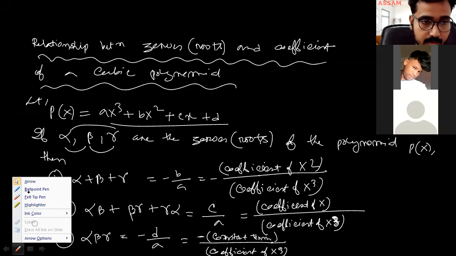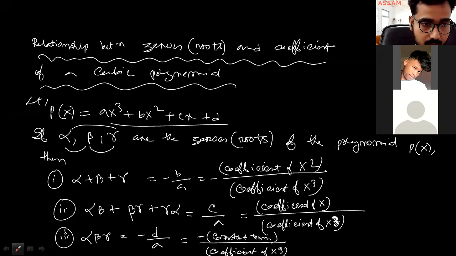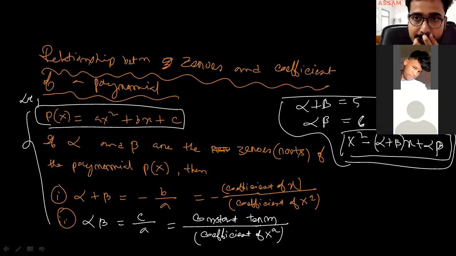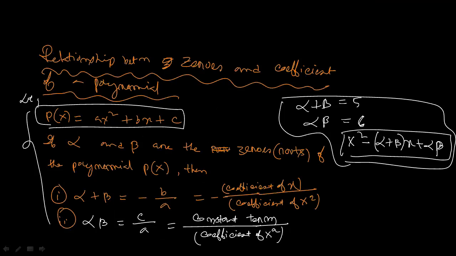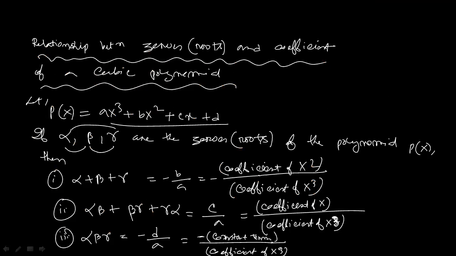Now see, if you look at the formula for a quadratic equation, then alpha plus beta, the summation of the roots, and the product of the roots are minus b by a and c by a. In the denominator it will be the coefficient of x square in case of a quadratic polynomial, but in case of a cubic polynomial, in the denominator it will be the coefficient of x cube.